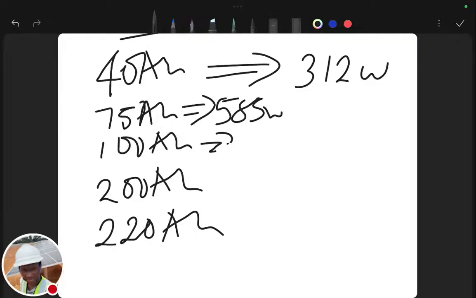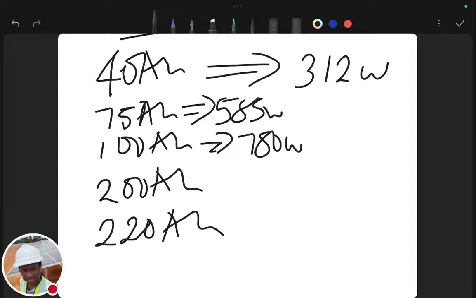Let's try 100 Ah. 100 times 12 times 0.65 is going to give us 780 watts. Fine. 50% of 780 watts.